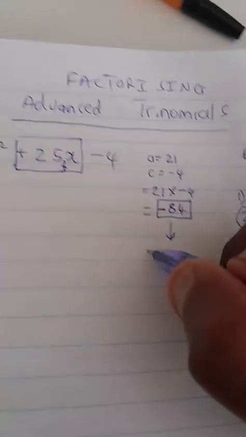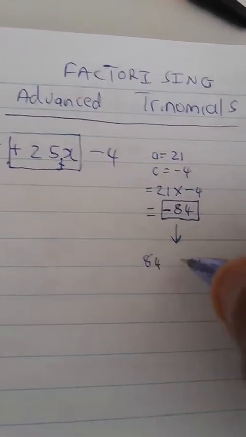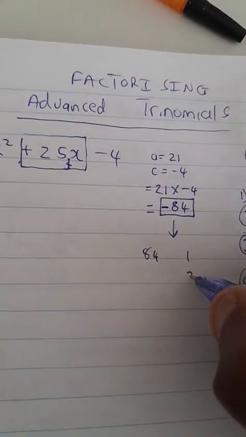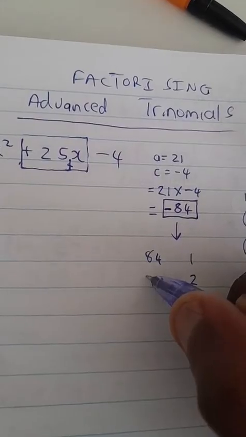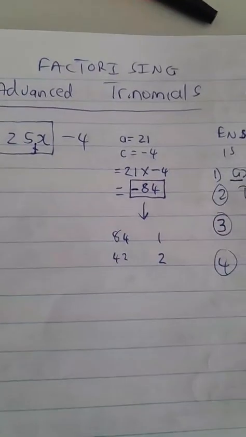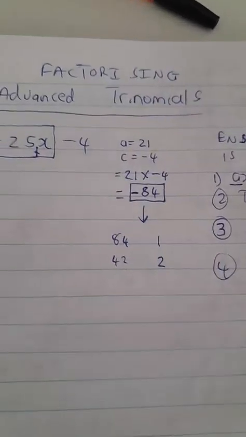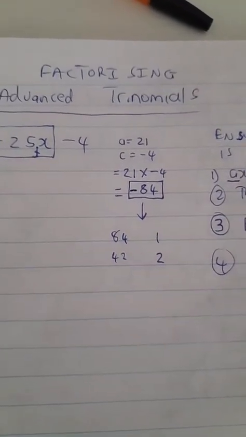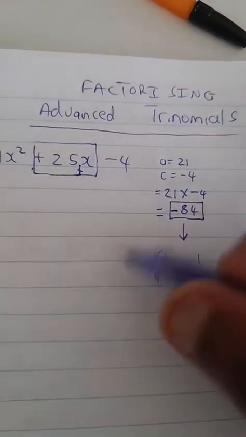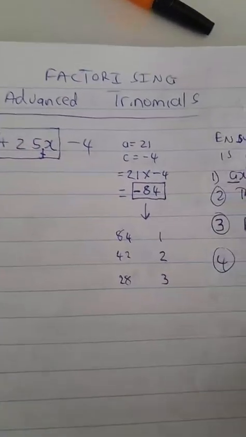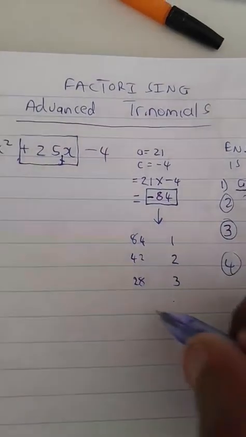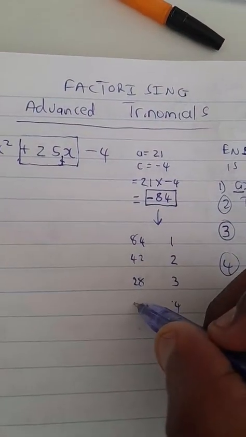Maybe we can check them out. We know there's 84 and 1. If we multiply by 2, the other factor is 42. 3, does 3 go into 84? Yes, 28 times. 4, does 4 go into 84? Yes, it does. How many times?